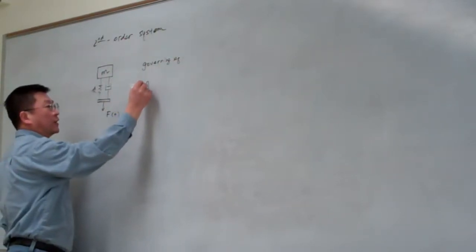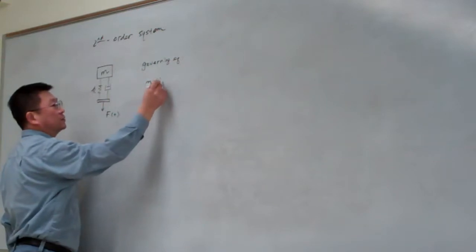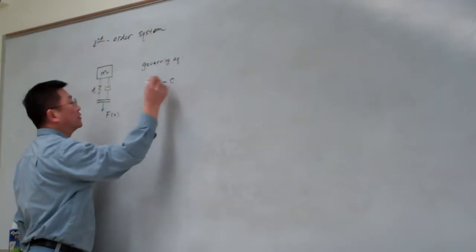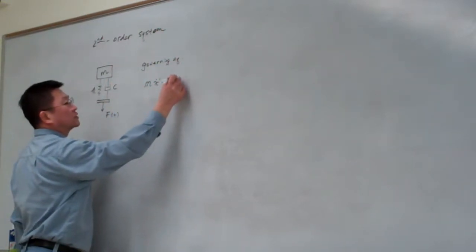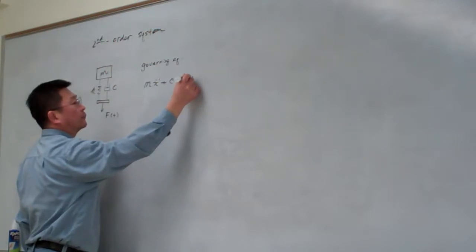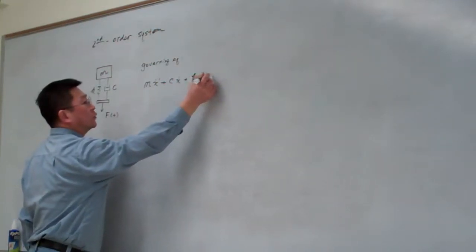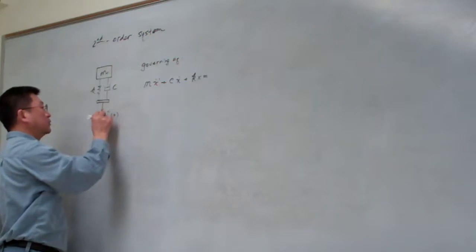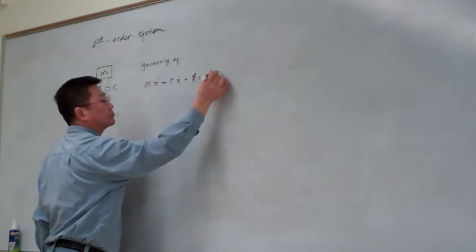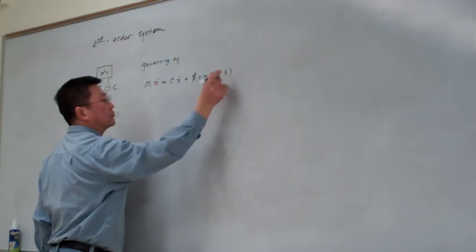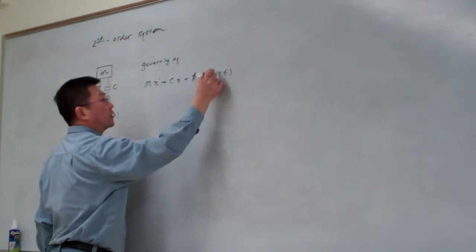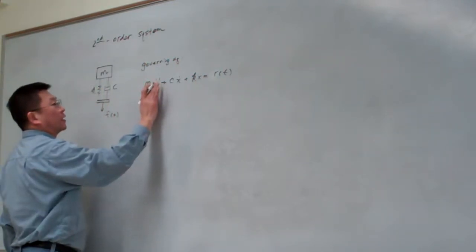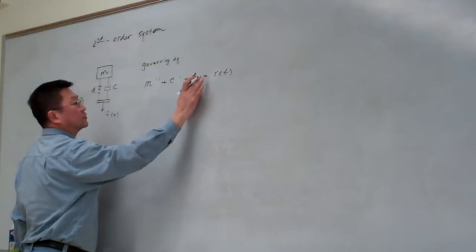can be derived as m x double dot plus c x dot plus k x equal to f of t. Let me use lowercase f. How about let me use r? Okay. And let me change the symbols, and y.